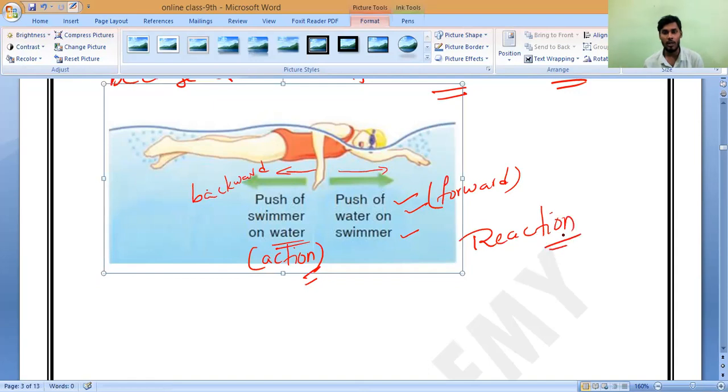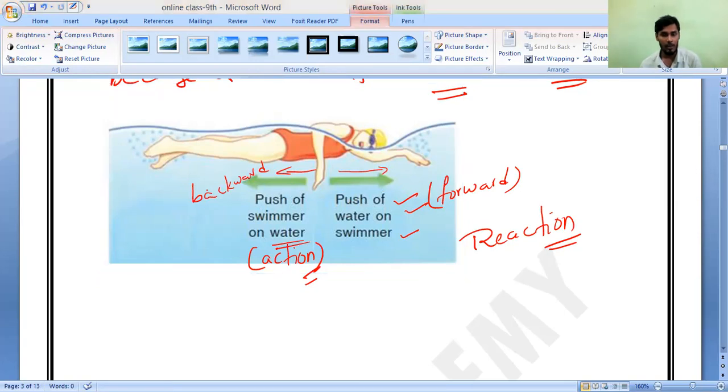Everybody should communicate. That is what communication is most important. So in this case also, what is happening? The swimmer pushes the water backward, means he is applying the force on water in a backward direction with his hands.